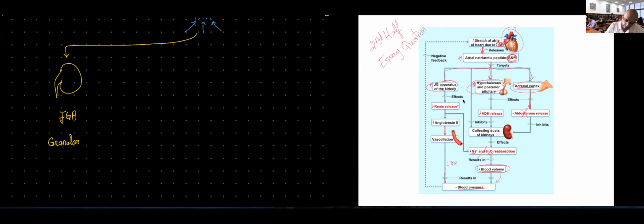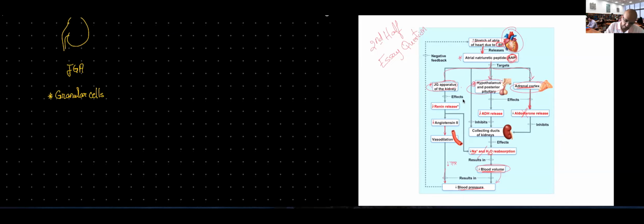And this is the type of cells that the ANP is going to be acting on. Normally, if I have a drop in my blood pressure, granular cells will detect this drop and will start to release renin. This is what normally happens if I have a decline in the blood pressure.